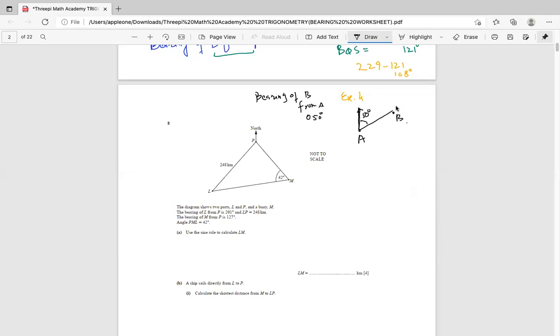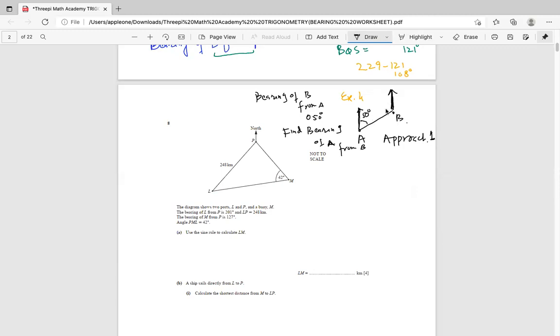Now the bearing of B from A is 50 degrees. What is the bearing of A from B then? Find the bearing of A from B. Yes. So there are 2 approaches here. Approach number 1. See here, look at this approach. Just make a normal here.